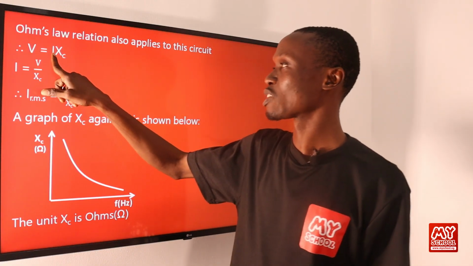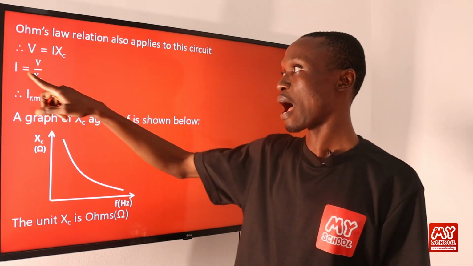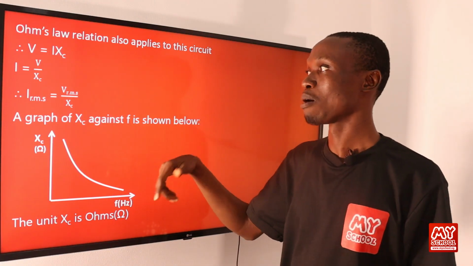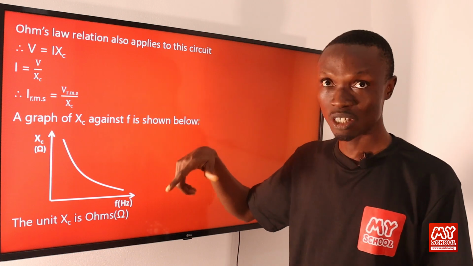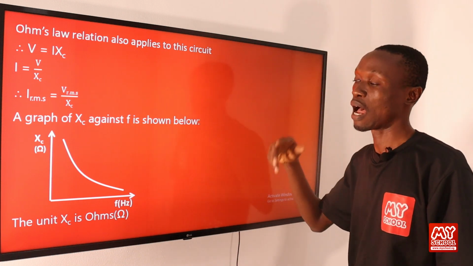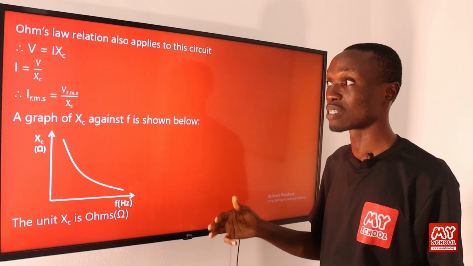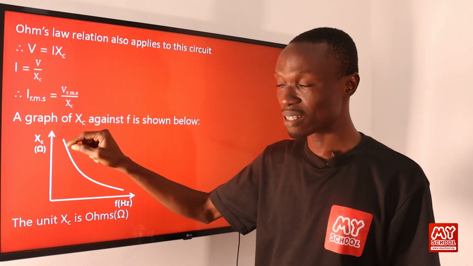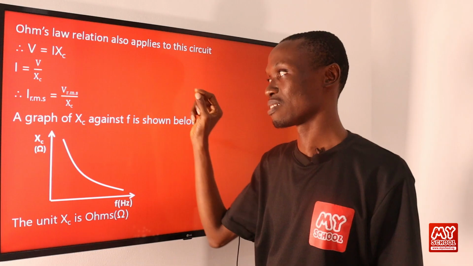So if we make I the subject of the formula, then I becomes V over XC. But remember that in this circuit, the voltmeter and the ammeter measure the r.m.s. value of current and voltage. Therefore, I r.m.s. is equal to V r.m.s. over XC.